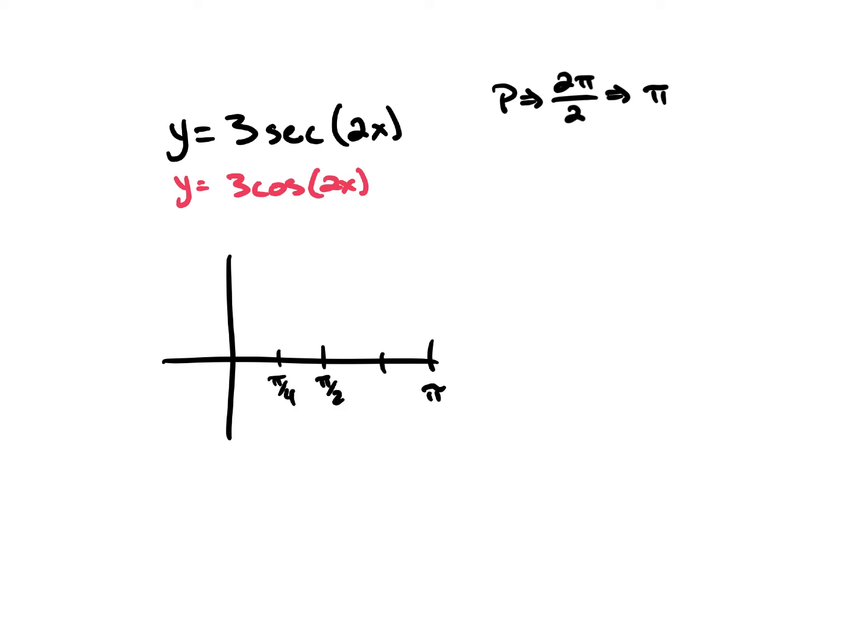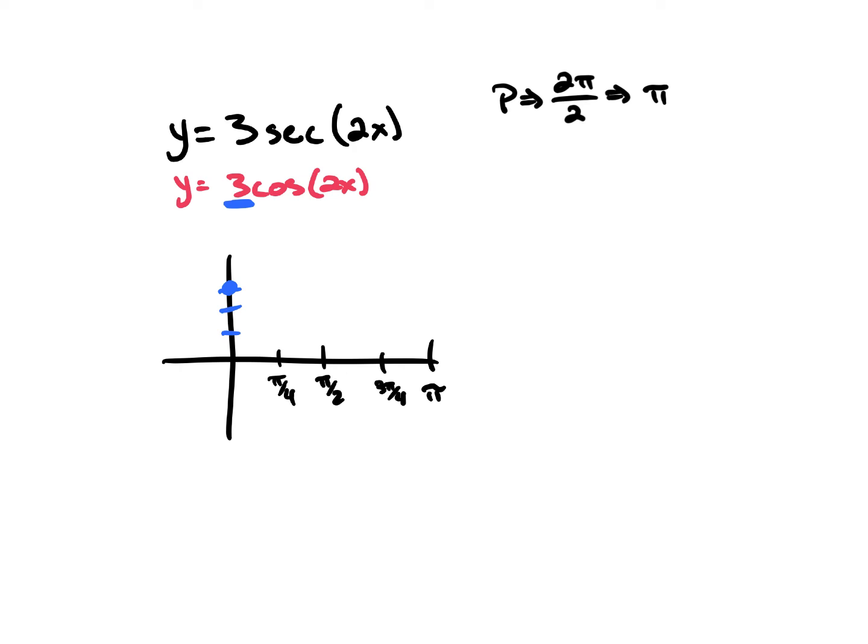Remember how we break them up into quarters? So where does cosine normally start? At 1. Well, now it's not going to start at 1. It's actually going to start at 3, because my amplitude is 3 there. And then what does cosine normally start doing? It starts going down.